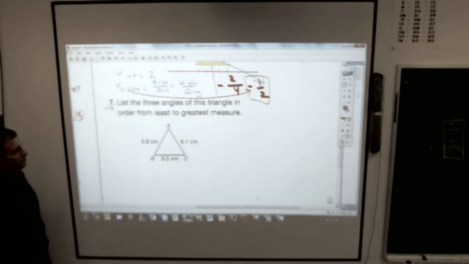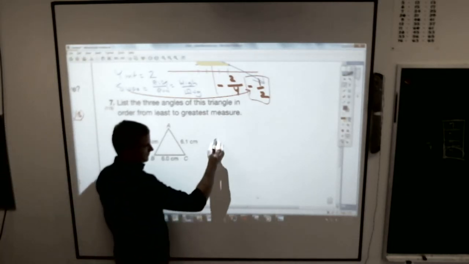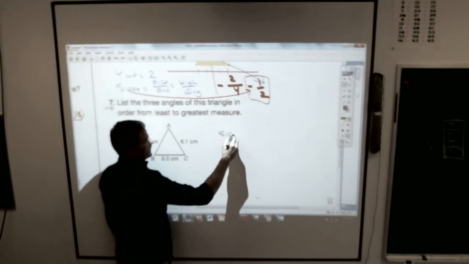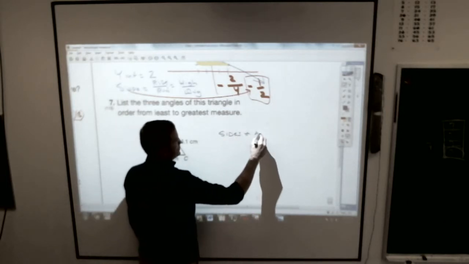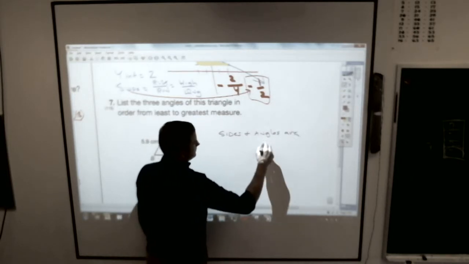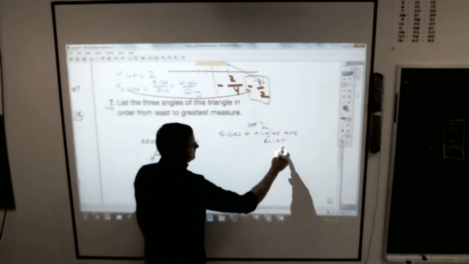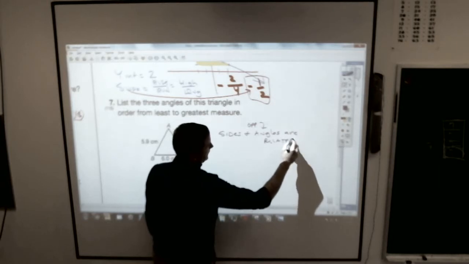List the 3 angles in order from least to greatest. You just have to know that sides and their opposite angles are related.